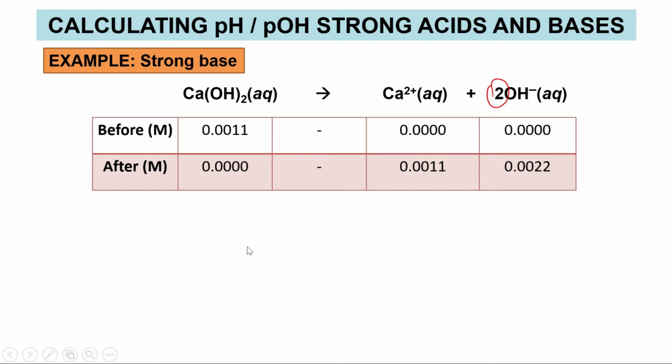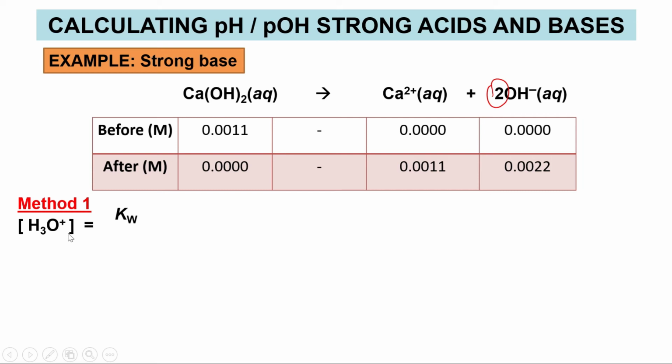In order to calculate the pH for a strong base, there are 2 methods available. Method 1, we can start by calculating the concentration of hydronium ion. But how? From this dissociation equation, we can clearly see that the dissociation of a strong base does not produce any hydronium ion. Remember, we can always calculate the concentration of hydronium ion for a strong base by using the Kw expression.